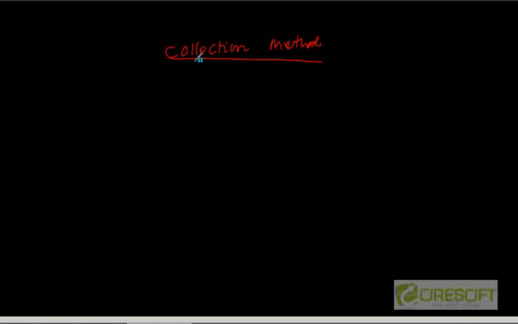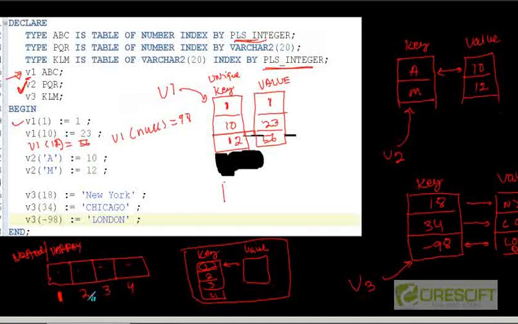Some examples of collection methods: EXISTS takes a number. Let's say I say v1.exists(1). It will go and check the keys of the v1 associative array.